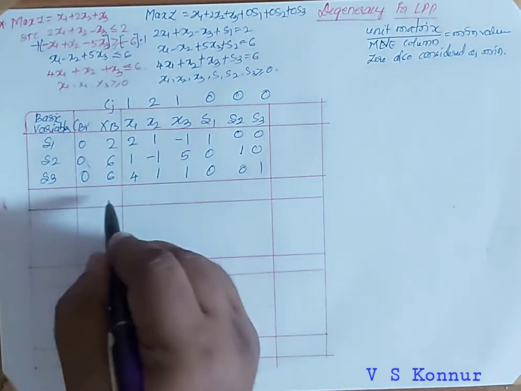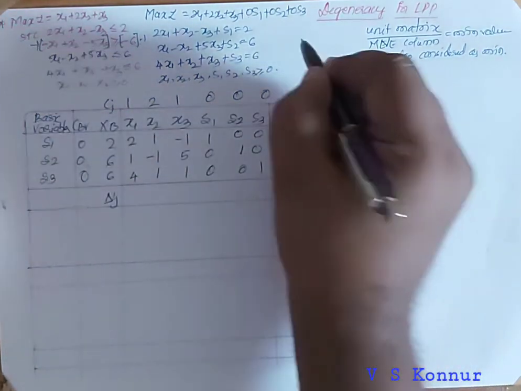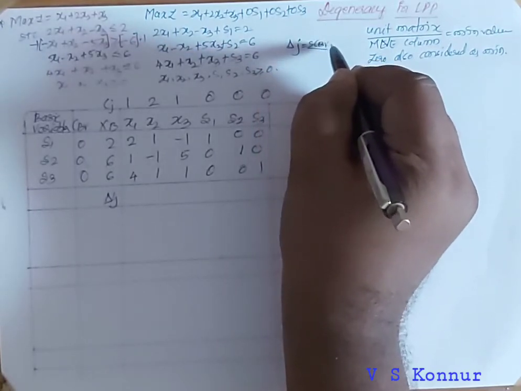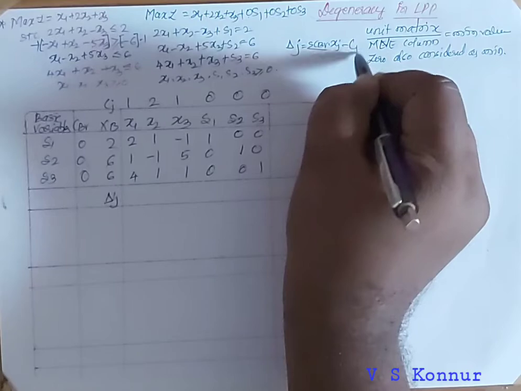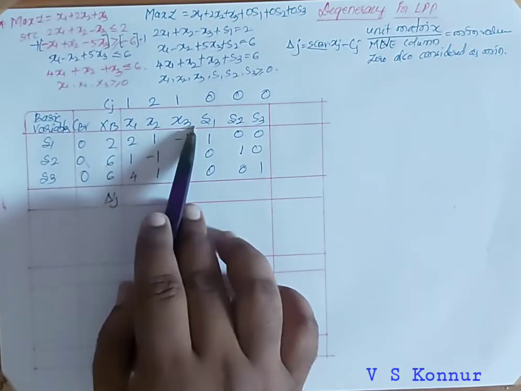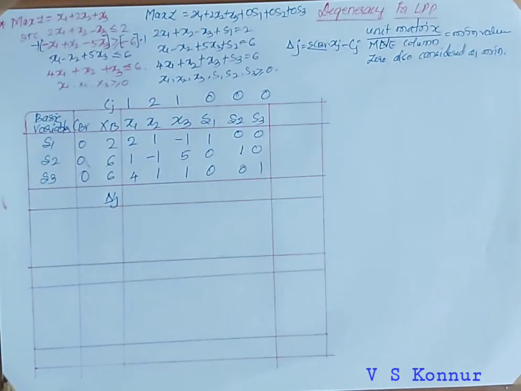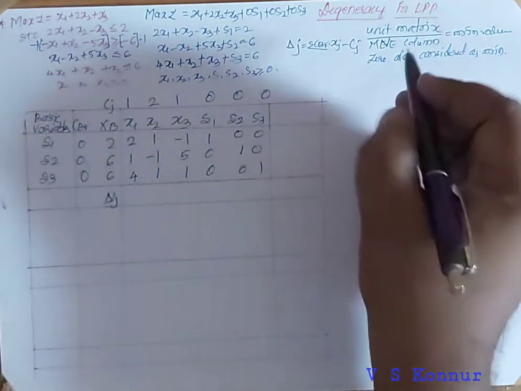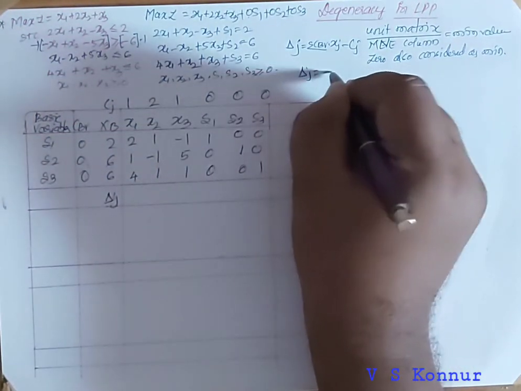Next we should calculate delta j using the same formula. Delta j is equal to summation of CB into xj minus cj. The xj's are x1, x2, x3, s1, s2, s3. Now when all these are 0, delta j should be equal to minus cj.